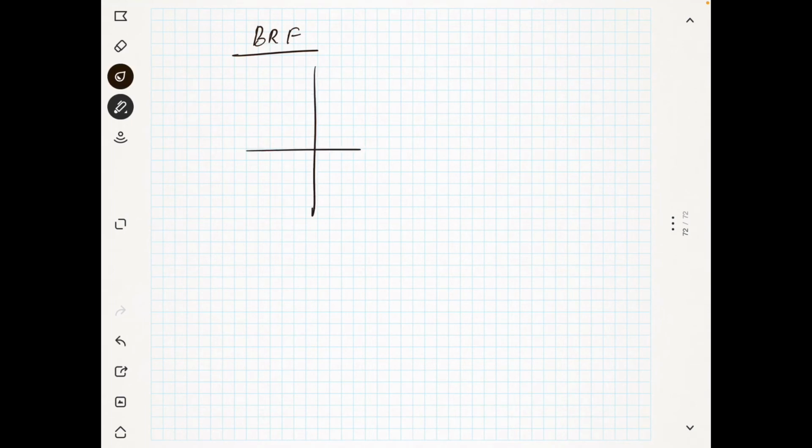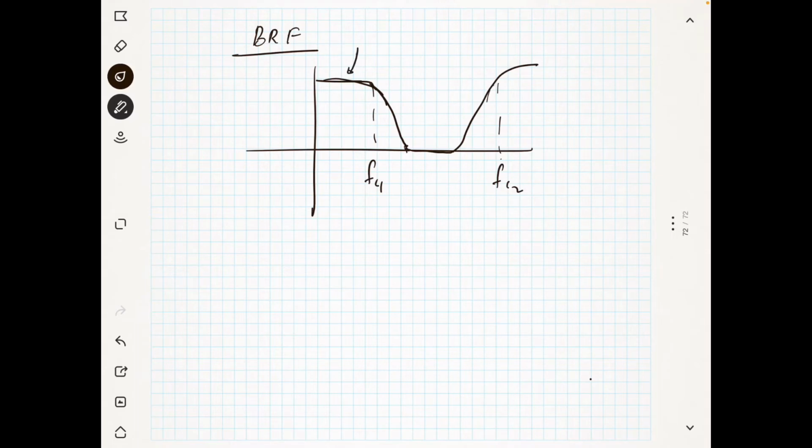So a band reject filter basically gives you a characteristic like this. This is FC1 and this is FC2. You can see this is a low pass filter and this is a high pass filter, but here FC1 is less than FC2.